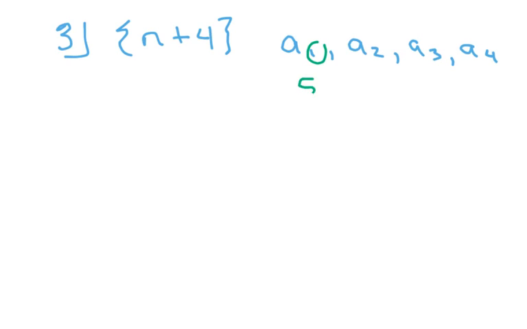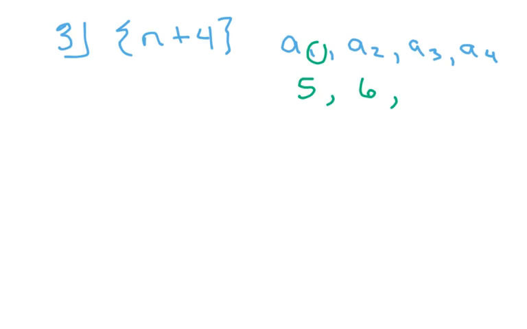3 is a sub n equals n plus 4, so I have to write out the first four terms: a sub 1, a sub 2, a sub 3, and a sub 4. I plug in 1: 1 plus 4 is 5. 2 plus 4 is 6.